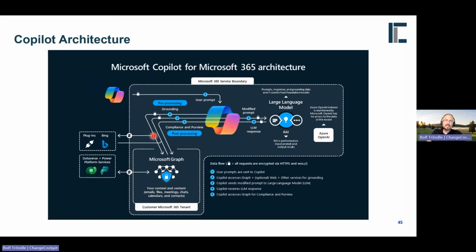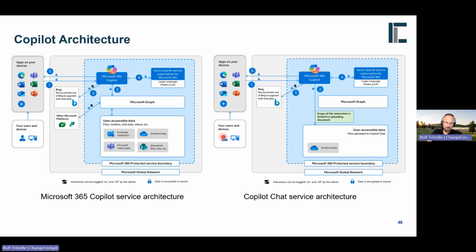That's a basic flow of how Copilot works within your tenant, and it's your instance in there for Copilot, and it uses your graph if you have a Copilot for Microsoft 365 license.